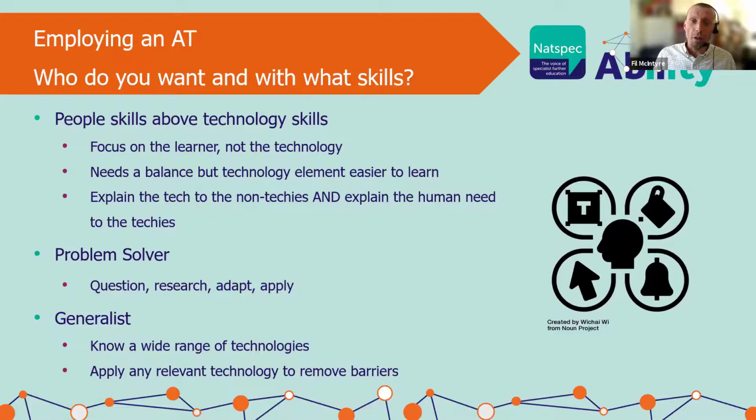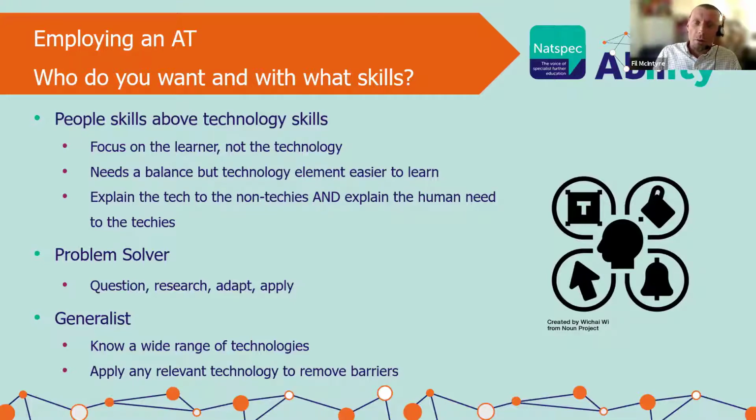As well as training the learners on this technology, they will also be training staff and supporting staff with rolling this out. So they need to be able to explain that in a way that's understandable to those different groups. But likewise, the other way, they also need to be able to explain the human need to the techies.